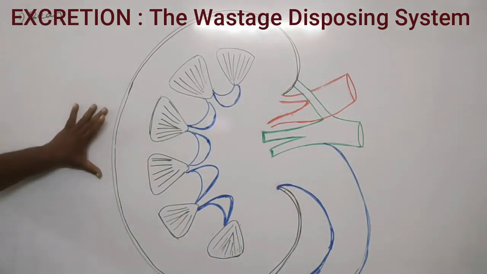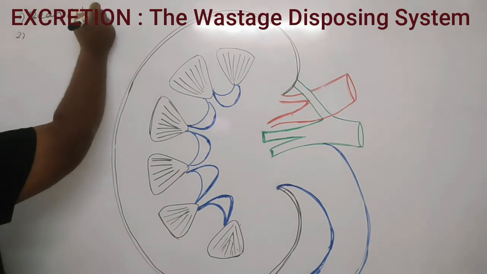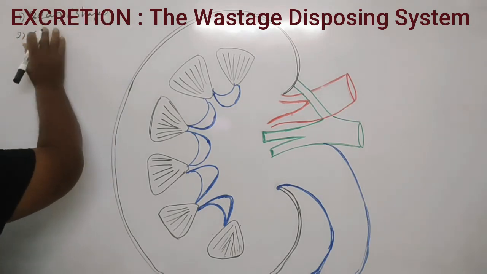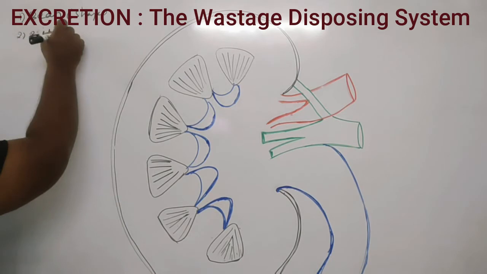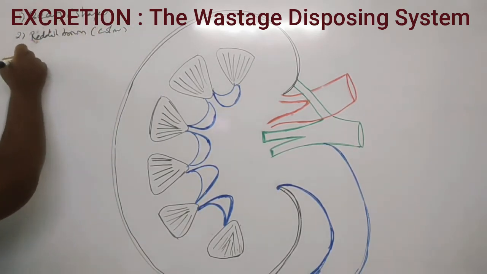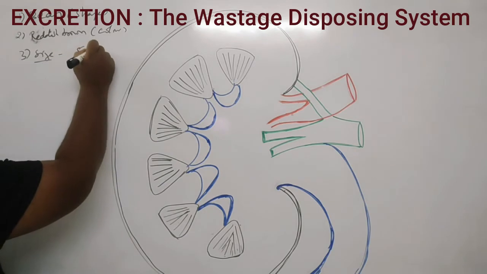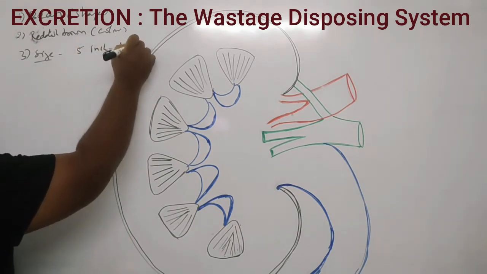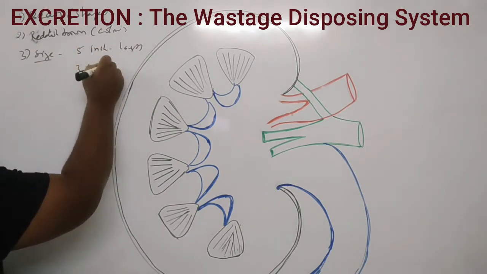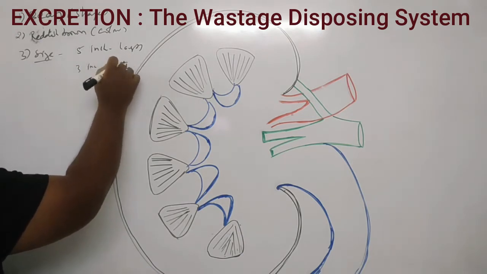Now the color of the kidneys is reddish brown. The third one is the size. The size of the kidneys is around 5 inches in length and 3 inches in breadth, or width.